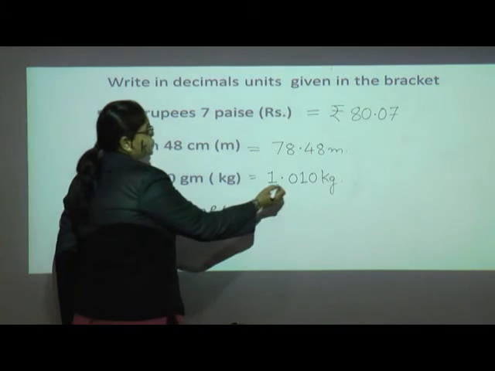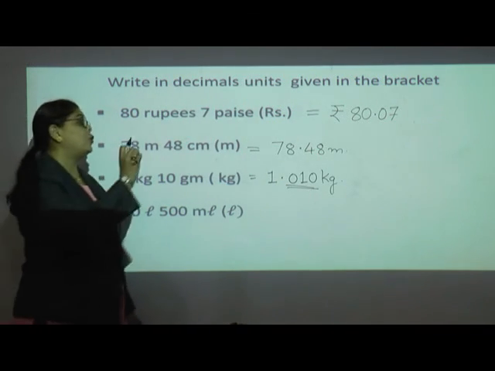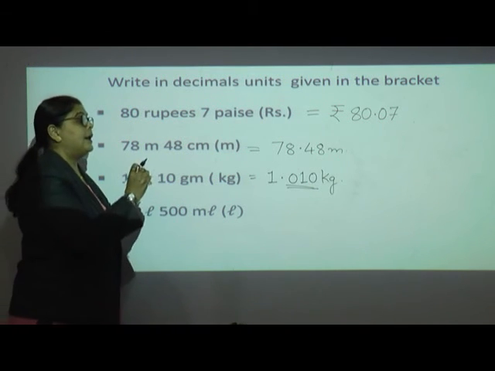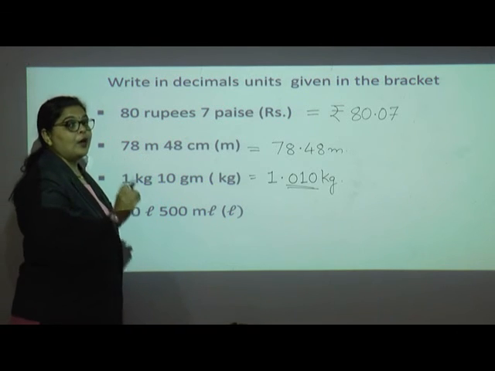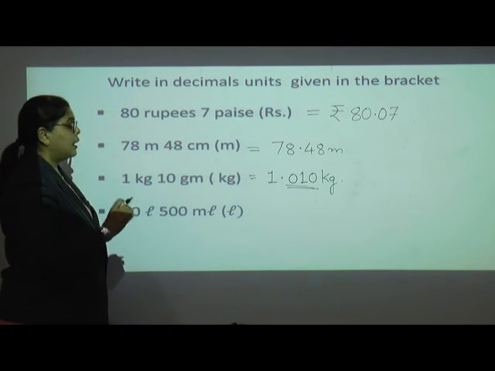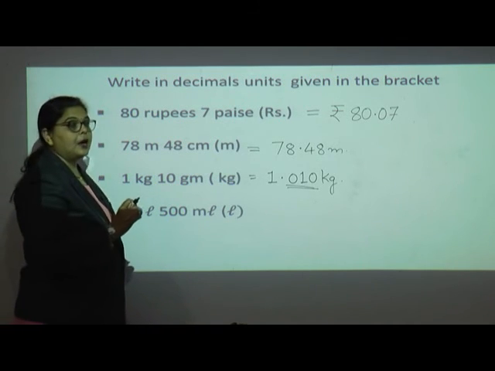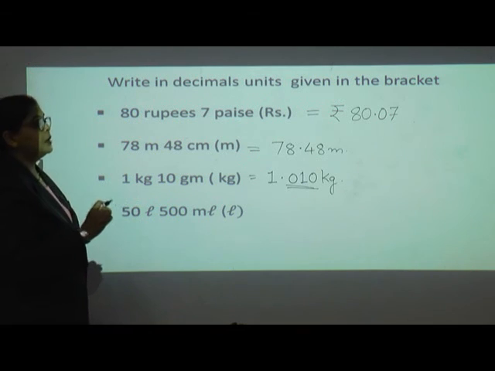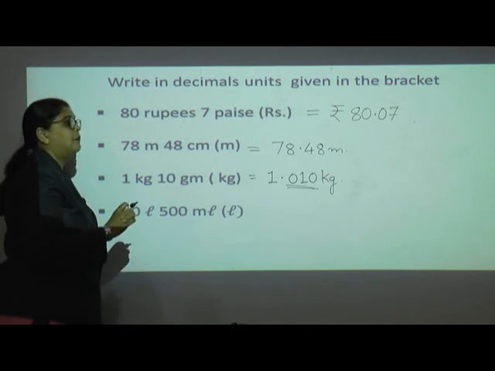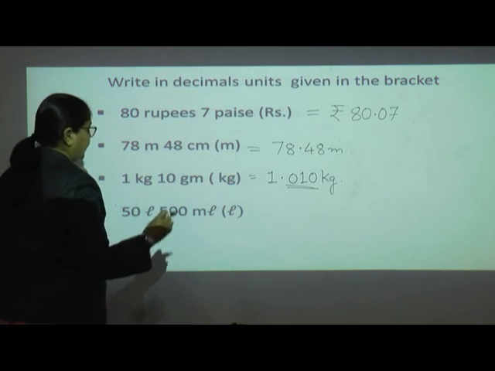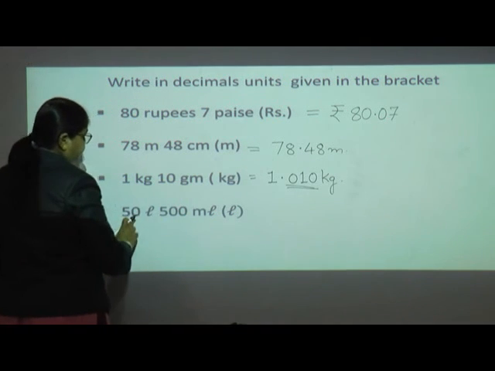No. This type of very low units is used in laboratories, medicine factories and jewelry shops. 10 grams, 15 grams, 0.1 gram, milligram, these units are used in jewelry shops, laboratories and medicine factories where they prepare medicine. So we had written 1 kg 10 gram.